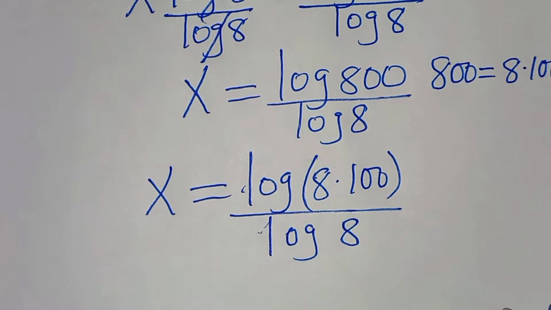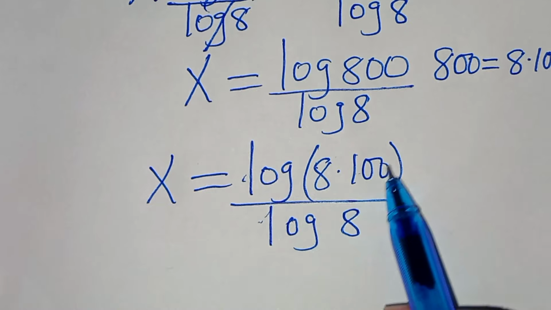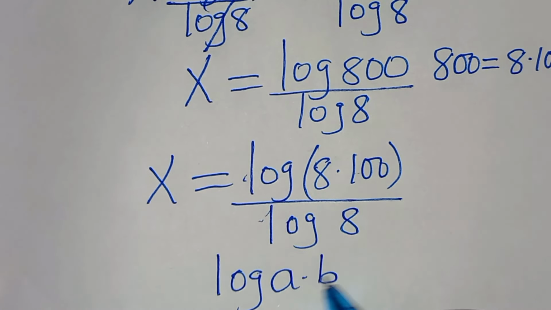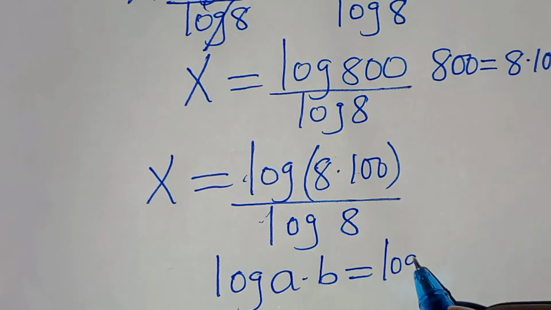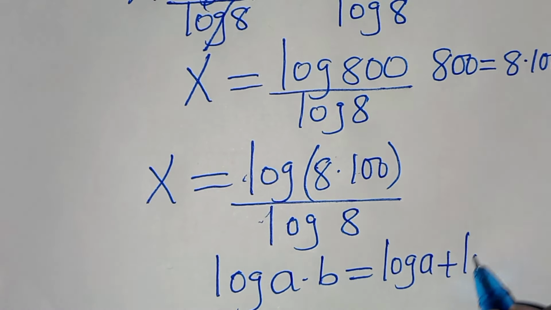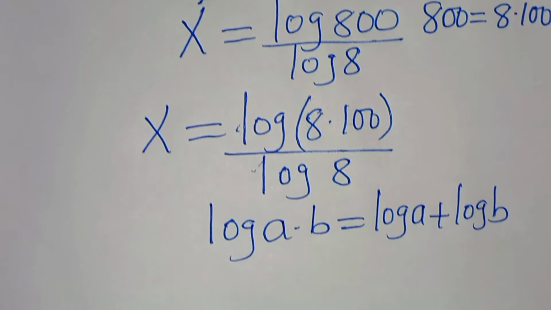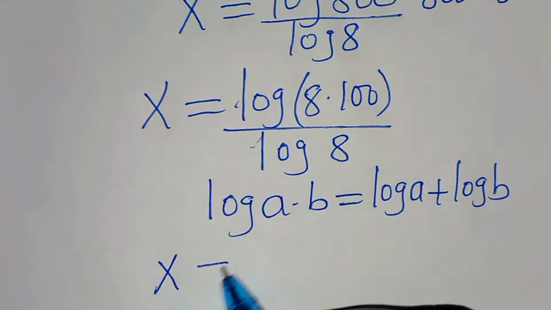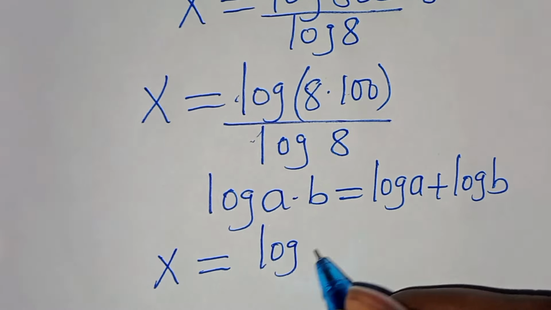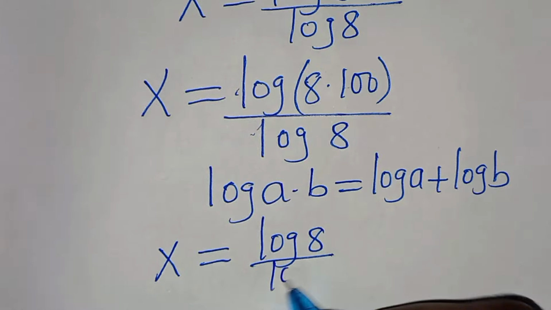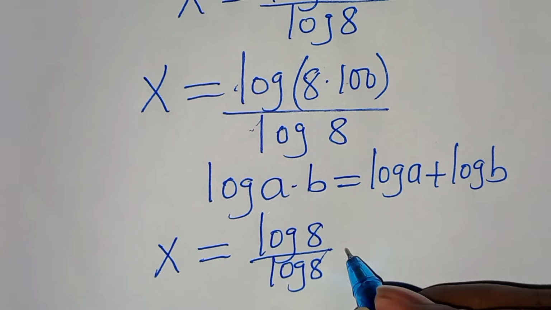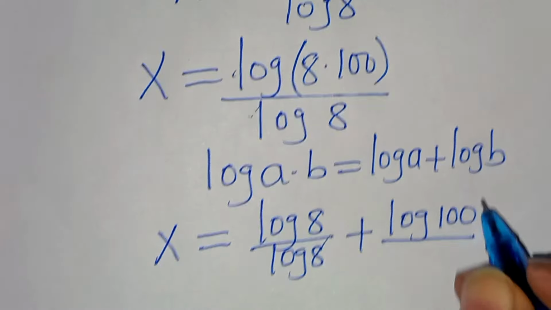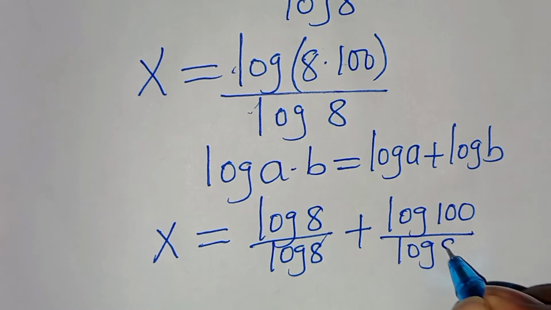You find that log 8 times 100 is in the form of log a multiplied by b, and this can be expressed as log a plus log b. Now applying this logarithm property, we have x equal to log 8 divided by log 8, plus log 100 divided by log 8.